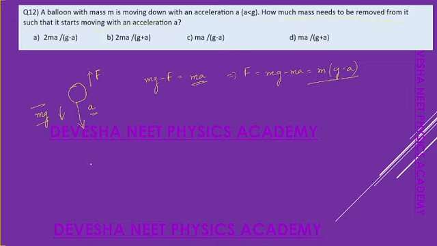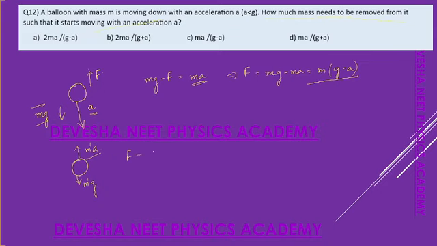So if some mass has to be taken out of this, then it will move upwards, right? So there will be a net force on the upper side, okay?